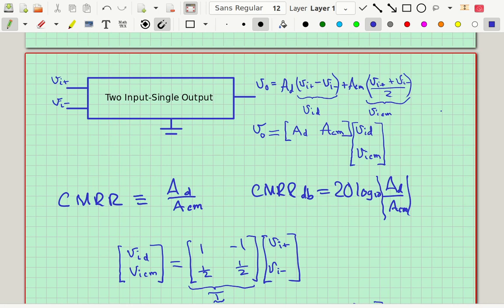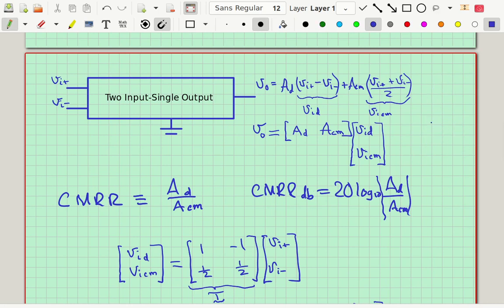Now, it's this way because this is a linear circuit, and so the output is a linear combination of the inputs. That's basically saying that superposition and proportionality apply. We can rewrite the equation that we have up on top in a matrix way like this.